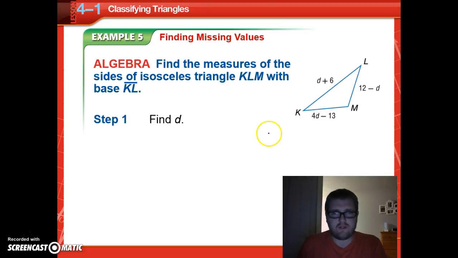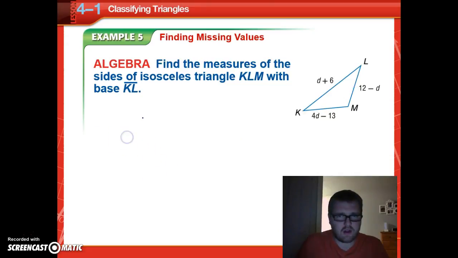So first of all, we're going to want to find d. We know that it's isosceles, so two of those sides have to be equal to one another. Since d plus 6 is the base, clearly segments LM and KM are the two that are equal.